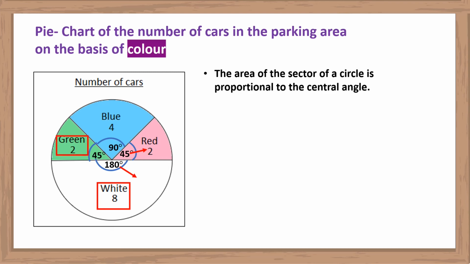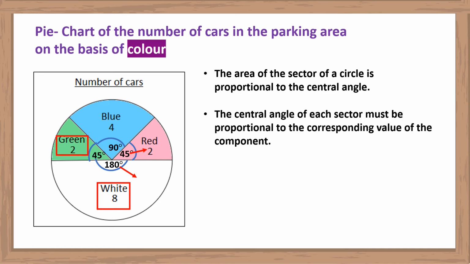And the number of green cars is 2. Its central angle is 45 degrees. That means the central angle of each sector must be proportional to the corresponding value of the component. Next, the sum of all the central angles is 360 degrees, as the angle of the circle is 360 degrees.